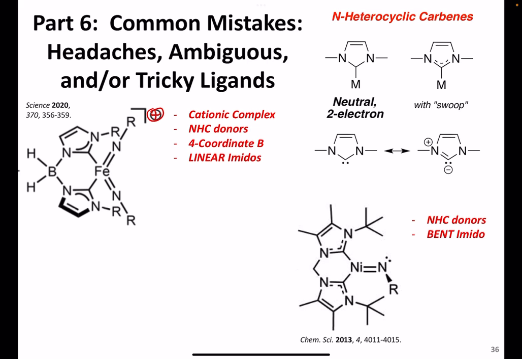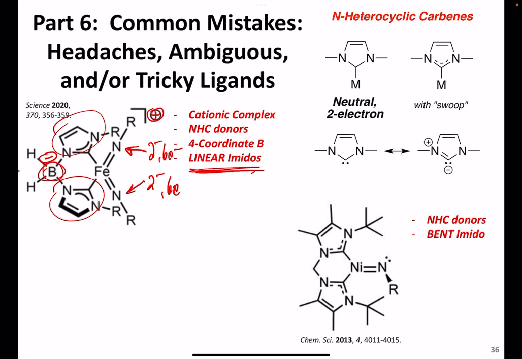It features 2 NHC donors. It features a 4-coordinate boron in the backbone, which we know is going to be negatively charged, and it features 2 different linear amidos shown here. Both of these linear amidos are 6-electron donors. So let's electron count this compound.